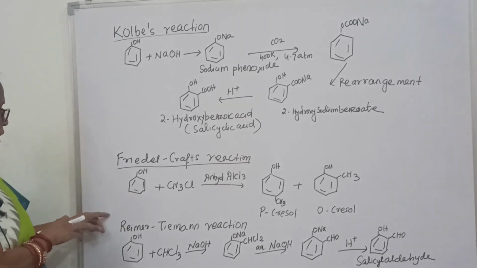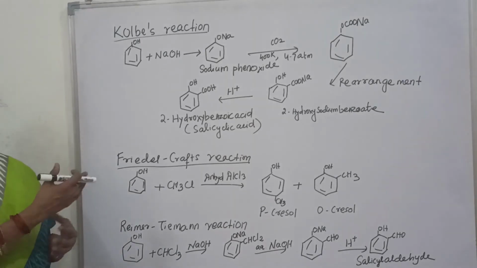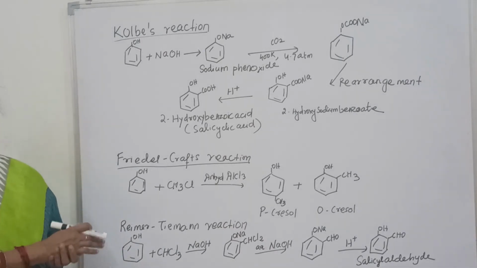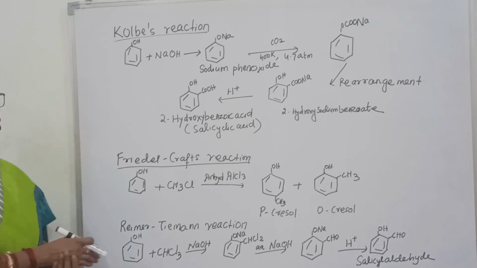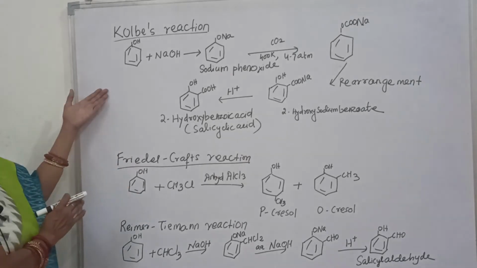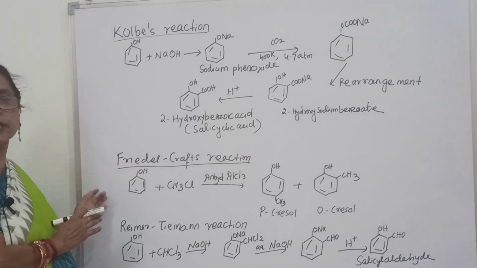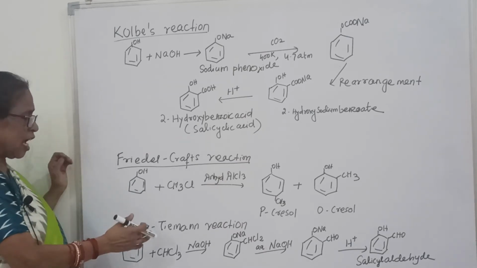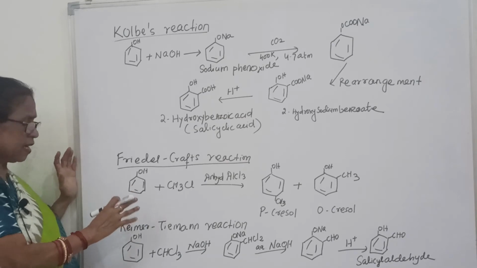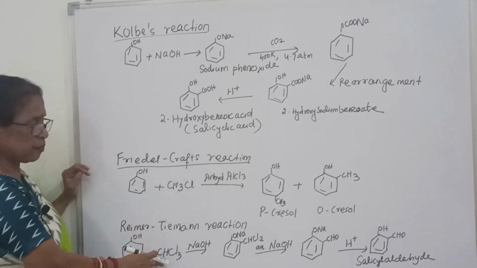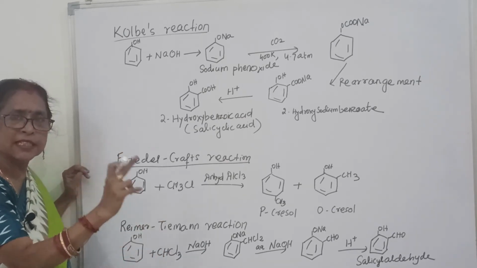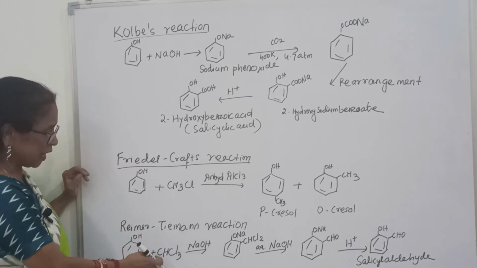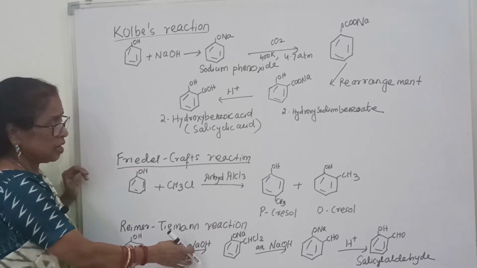Then come to Reimer-Tiemann reaction. It is also according to the scientist's name. So among the name reactions, the Kolbe reaction, Friedel-Crafts reaction, and Reimer-Tiemann reaction are all very, very important. In Reimer-Tiemann reaction, you simply take phenol and chloroform. You know the formula of chloroform? CHCl3. You take chloroform and aqueous NaOH.